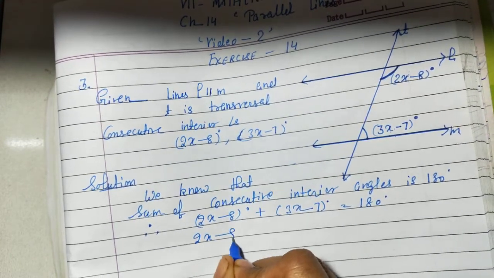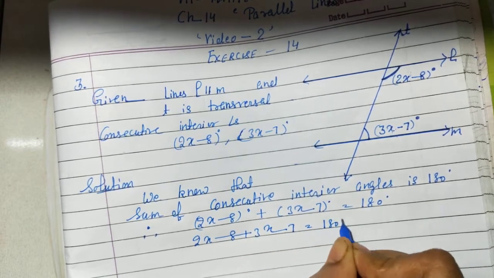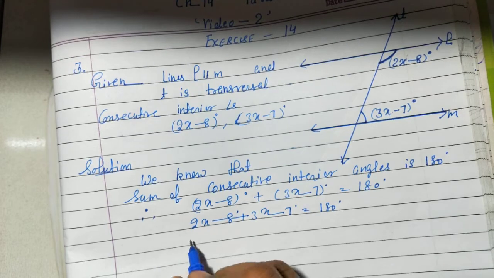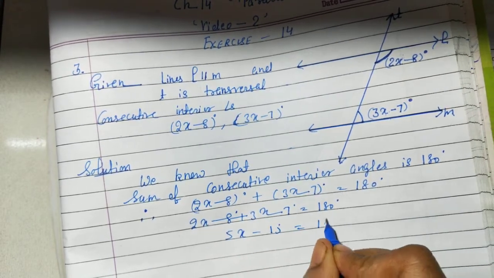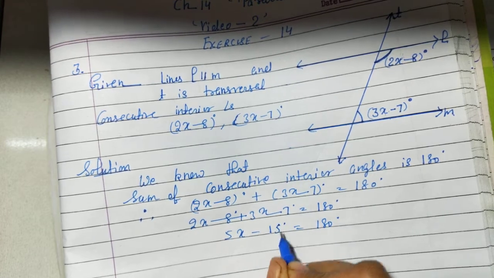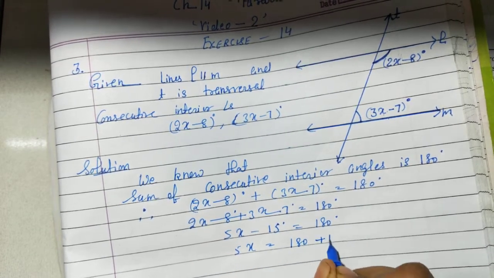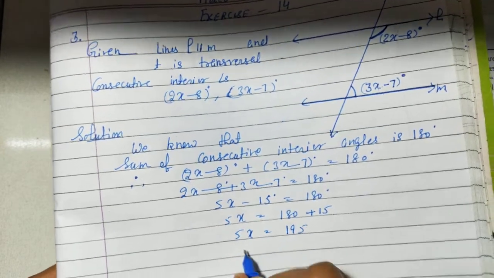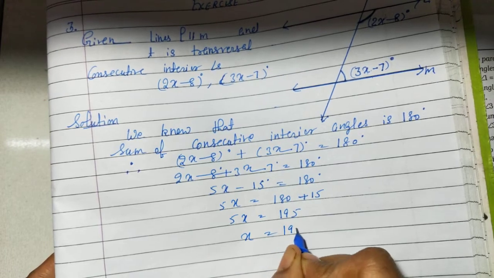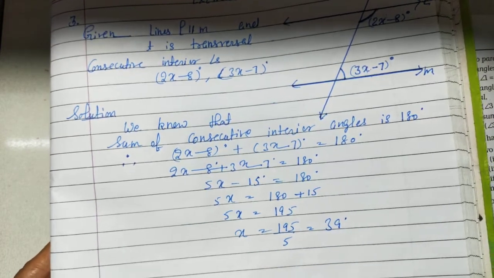Just open the bracket first. Take care of the sign of degree. 2x plus 3x is 5x. 8 and 7, 15 degrees. Transposing 15 to the RHS, we will get 5x is equal to 195. And x is equal to 195 divided by 5, which is 39 degrees.